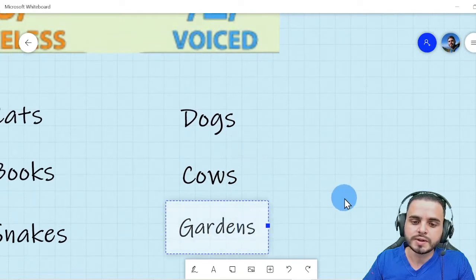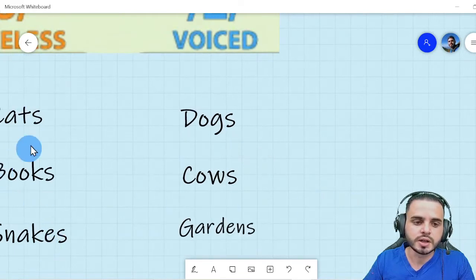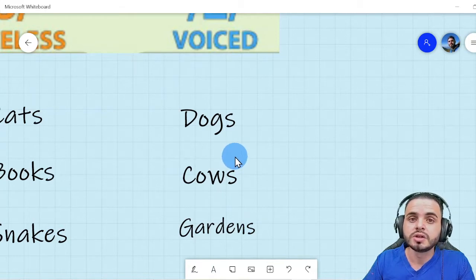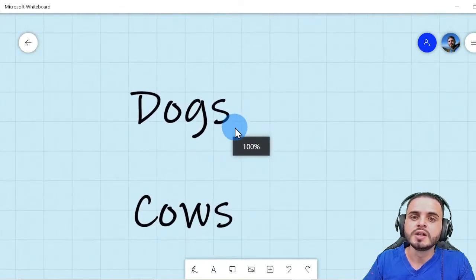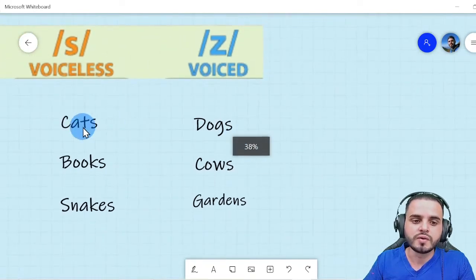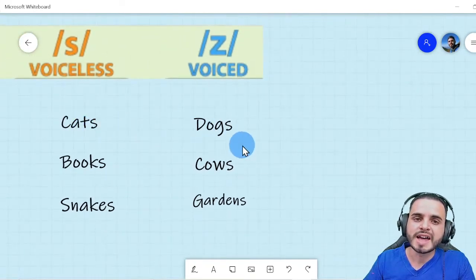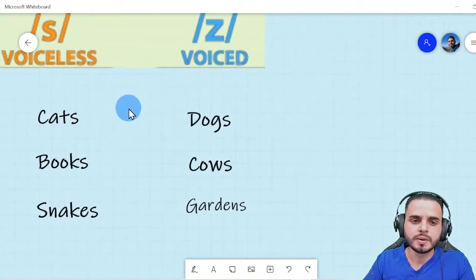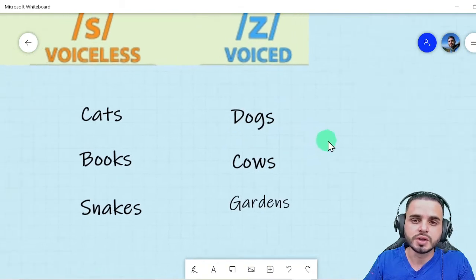Because in spelling we see that it's just an S, just like in here. But the pronunciation for that S changes. So we say Z, Z. So see how different it is to say cats than dogs, dogs. Okay. Now that's for these two types of pronunciation.